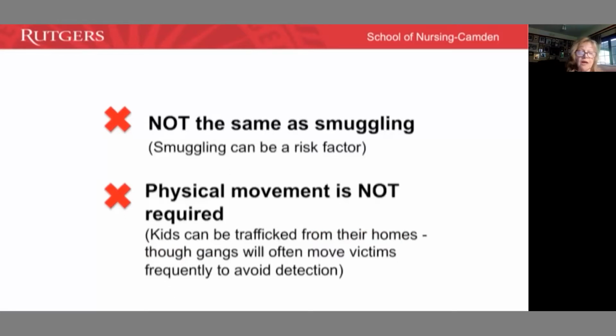For example, motels and hotels are often used for prostitution by victims of human trafficking, and they will get moved to different motels so that the detection of this crime can be avoided.